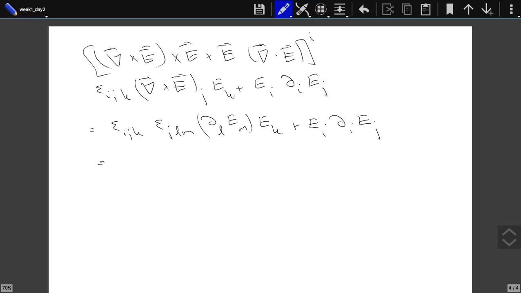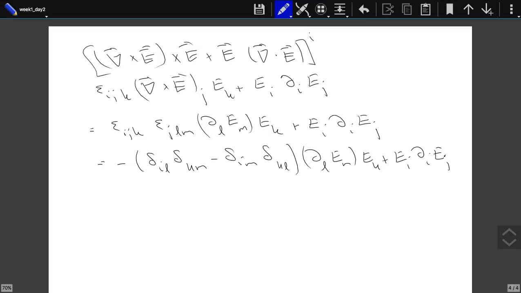I can just write it out. This will be, well, there's a minus, Kronecker delta I L, Kronecker delta K M, minus I M, K L, del L E M, E K, plus E I, del J E J. Well, this product with the minus sign is nothing but the product of two Levi-Civita tensors.